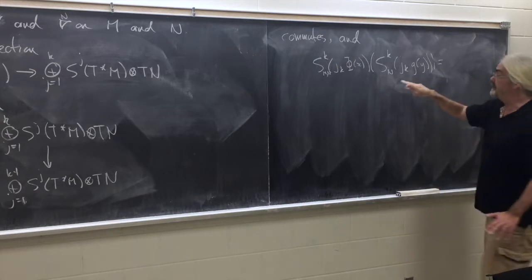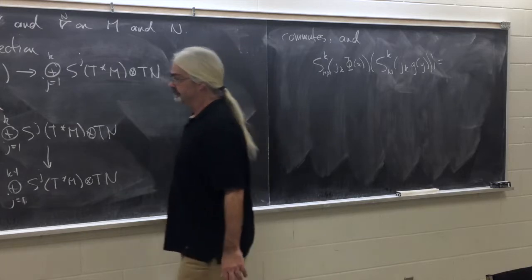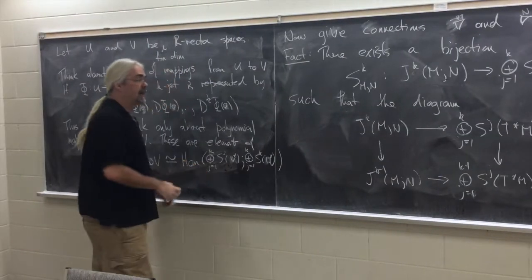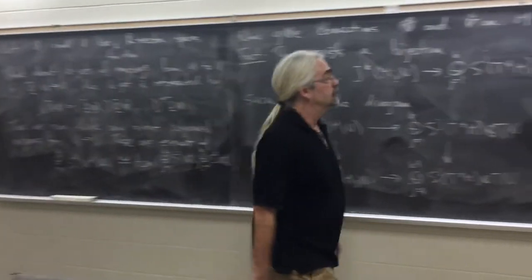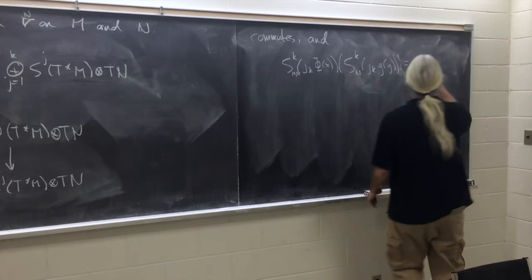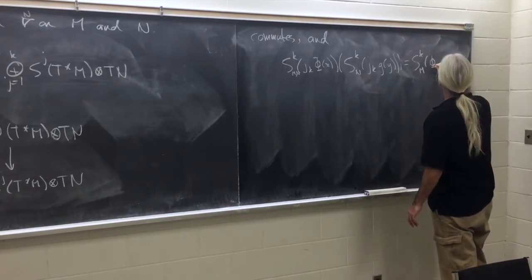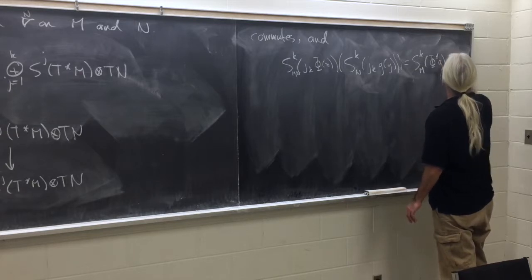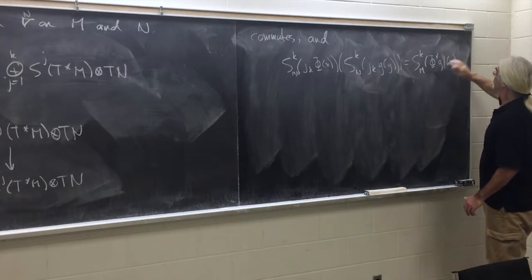Because this now is a mapping from this one into this one. So I have to apply that mapping to the SK version of JKG. And of course, then it has the obvious property. Like that. And that one should go like that.